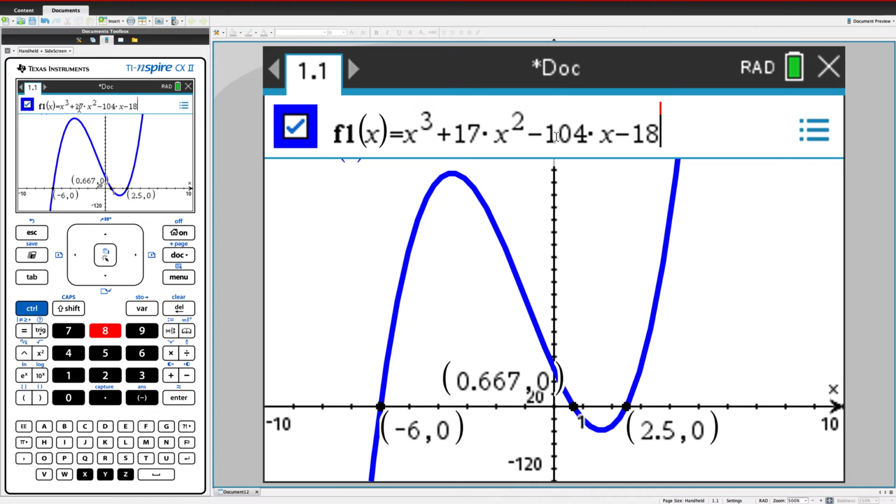What is our b term and our c term? How many x squareds do we have? Negative 8. And how many x's do we have? What's our coefficient there? Plus 21. So x cubed minus 8x squared plus 21x minus 18.